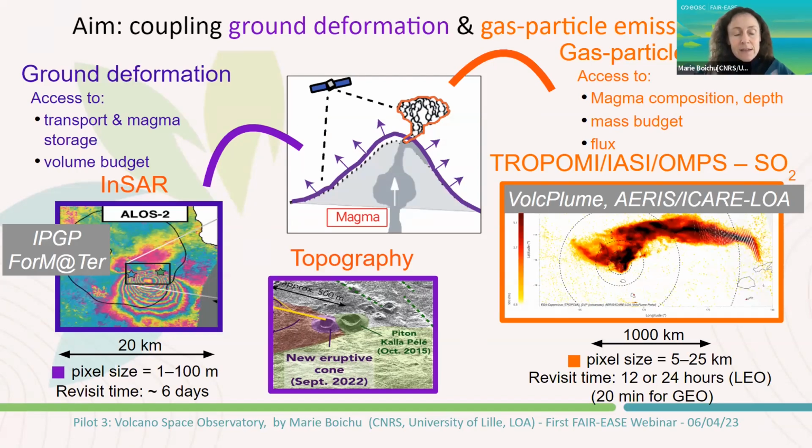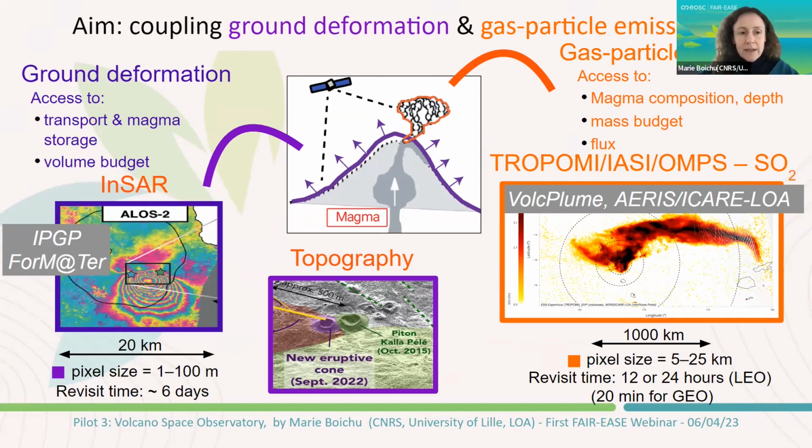We can have access to the deformation of the ground using interferometric radar observations from space on the left. But we also use optical imagery to track changes in the topography with time during an eruption on the right.